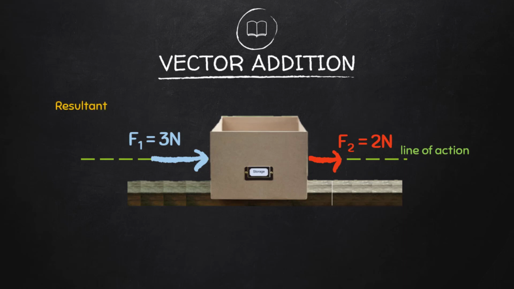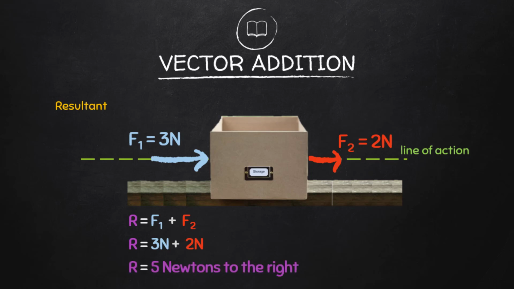To find the resultant, we will just add the values of these two forces considering its direction. The resultant now is equal to force 1 plus force 2. Let us consider forces going to the right to be positive. Thus we have the resultant to be equal to 3 plus 2 newtons. We now have your resultant equal to 5 newtons to the right.